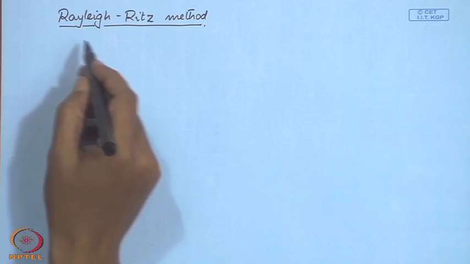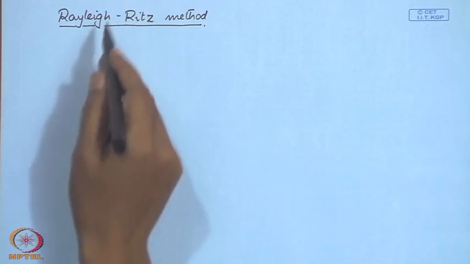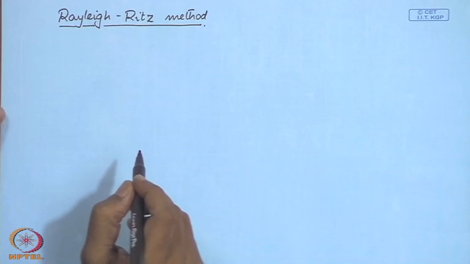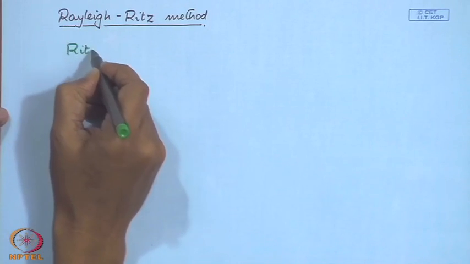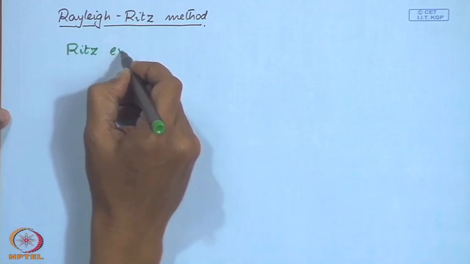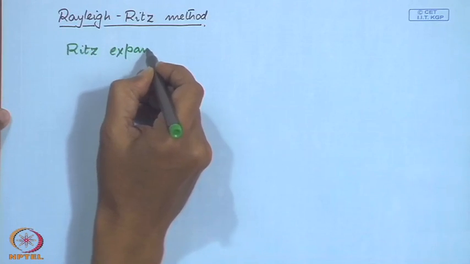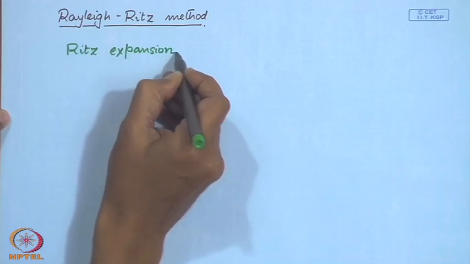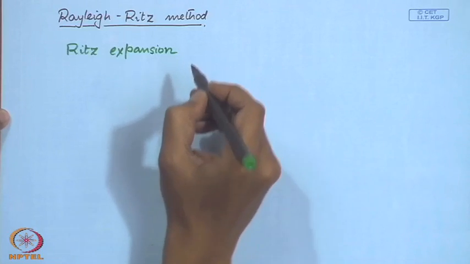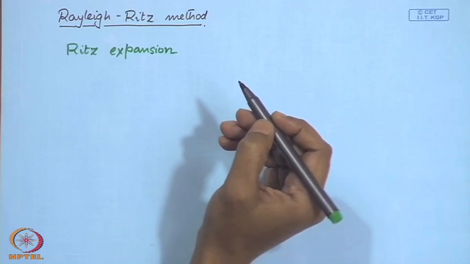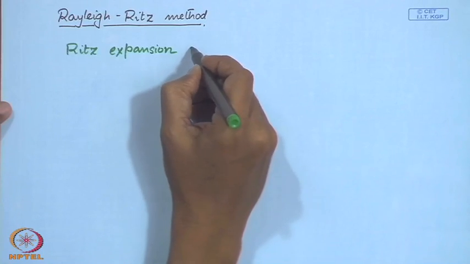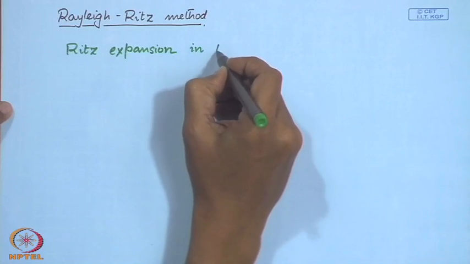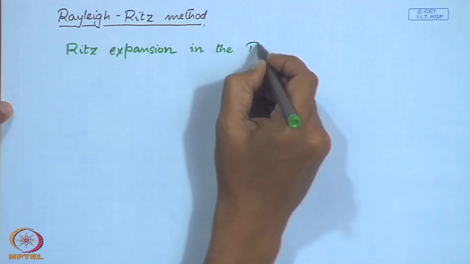So, what we additionally have in this method is the Ritz expansion. So, we make use of the Ritz expansion of the amplitude function in the Rayleigh quotient.